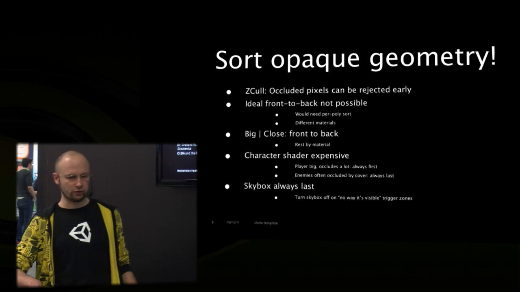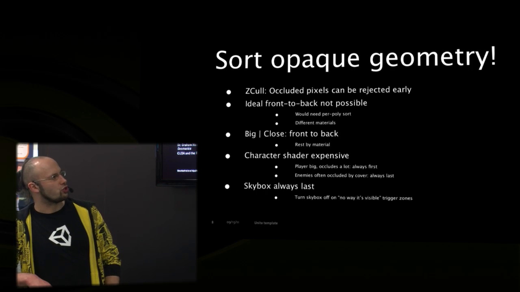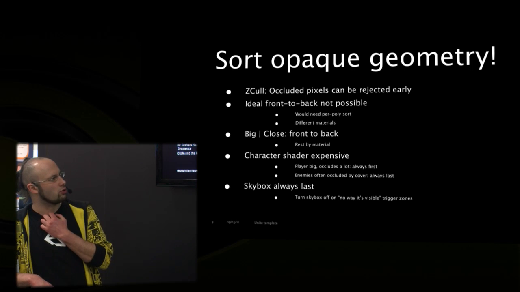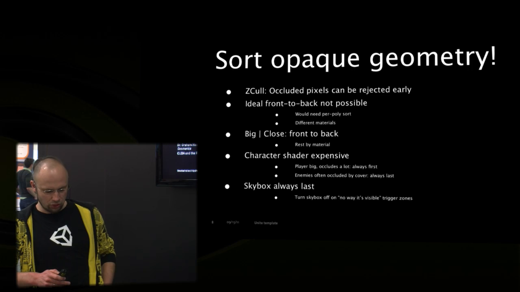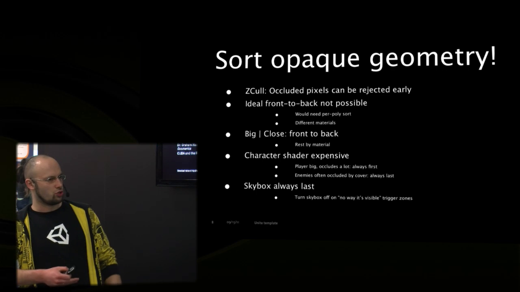And probably the most important thing for the Tegra is to sort opaque geometry. Tegra has the zcull functionality, which allows it to reject pixels if they are already covered by some geometry which was rendered before.